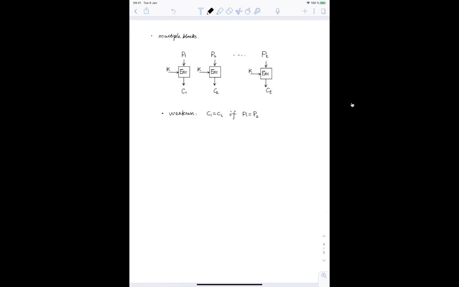And also we have cipher feedback mode, output feedback mode, and the CTR mode. These are 4 extra modes of operation on block ciphers. Each of them has a subtle difference, but the idea is to introduce another input in the encryption process. Let's go back to the iPad screen.